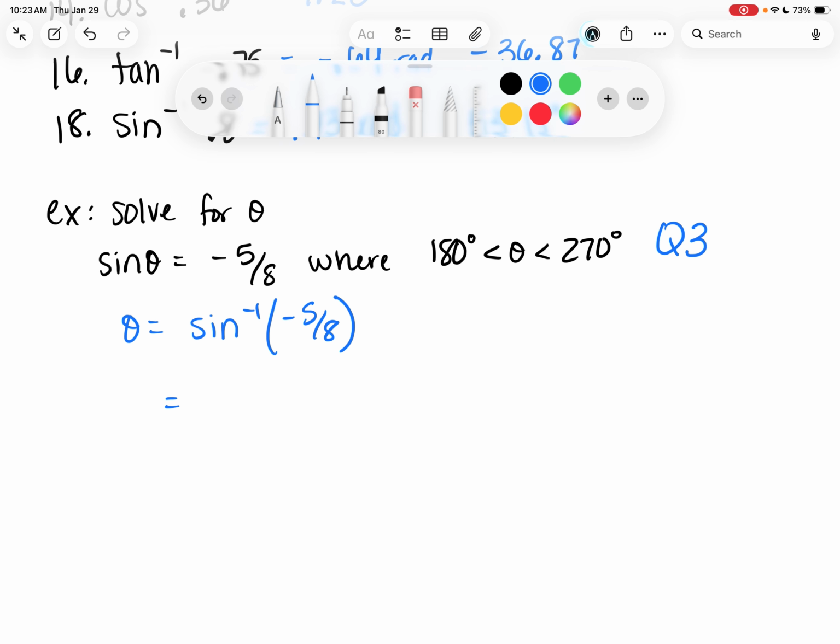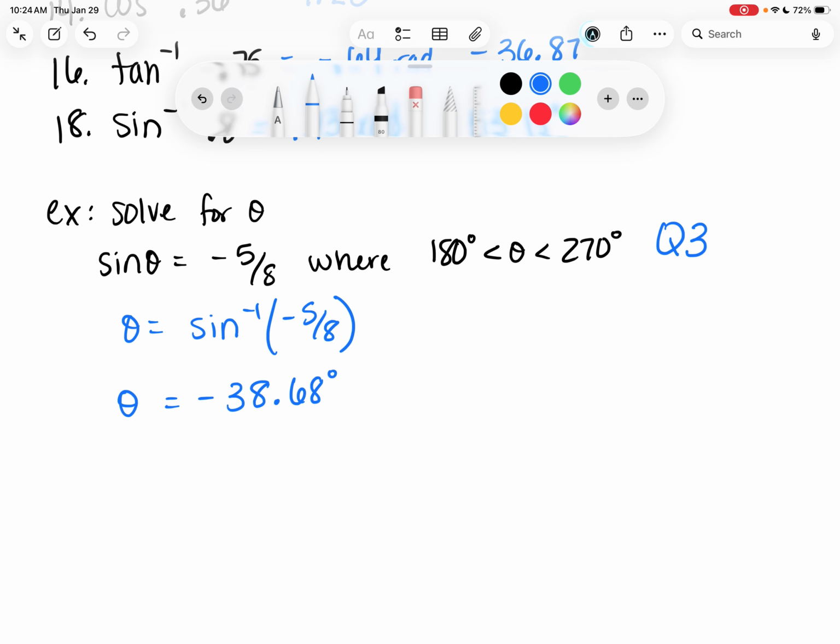Now, something to remember, because this is the hardest stuff in this section. Sine and tangent occur on the right side. Cosine occurs on the top. So notice, I took the inverse sine of this, and it gave me a negative value. That's in between 0 and negative 90 degrees. You see that?